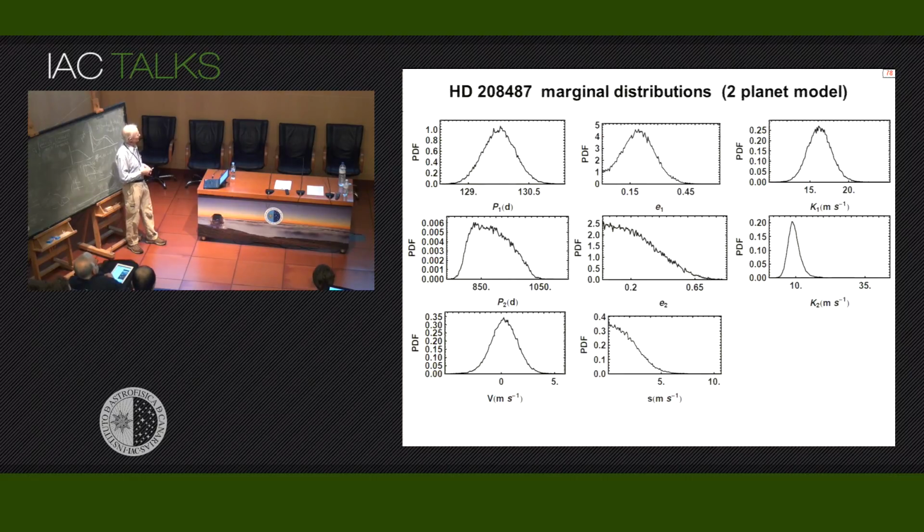Here's the S value. You can see how it peaks around S equals 0. There's really no significant evidence for any excess noise beyond the model of the two planets and the measurement uncertainties. This is what the periods look like, and this distribution doesn't look particularly Gaussian. That's probably a result of that banana-shaped correlation that is present.